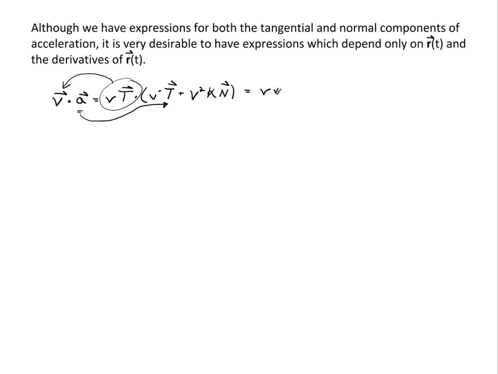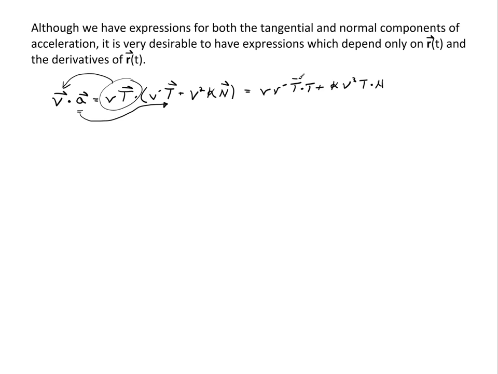Now, when I carry out this dot product, what I'm going to end up with is v prime t dot t plus kappa v cubed times t dot n.